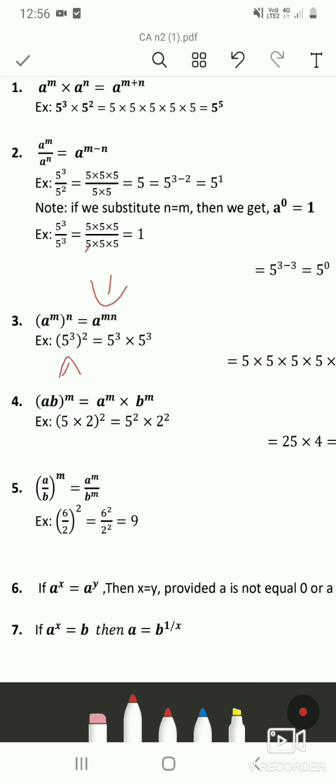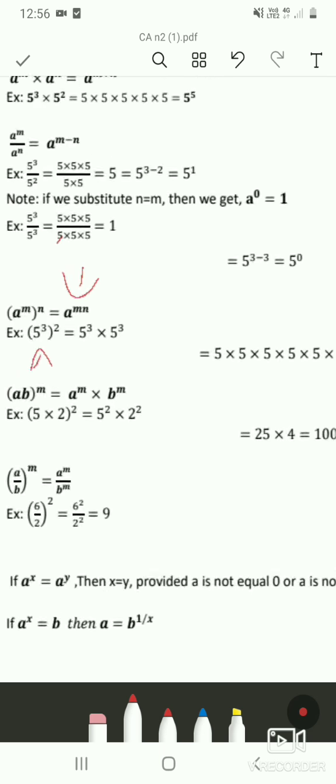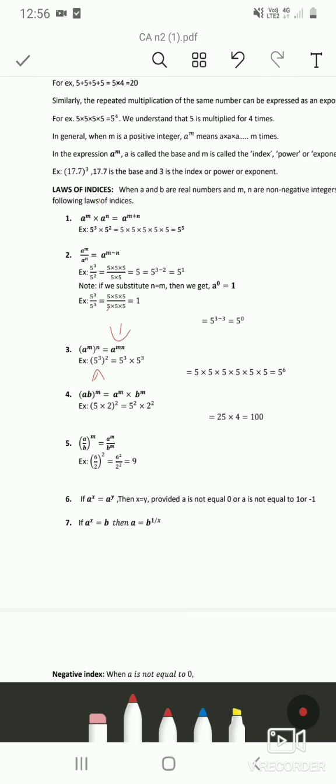So this means that 5 cube is multiplied 2 times. When you write it in the usual way, it will be this big. So instead of this you can directly use this law and get this answer, that is 3 2's are 6, so 5 power 6. Here you can count there are 6 5's, so directly you can write it as 5 power 6.